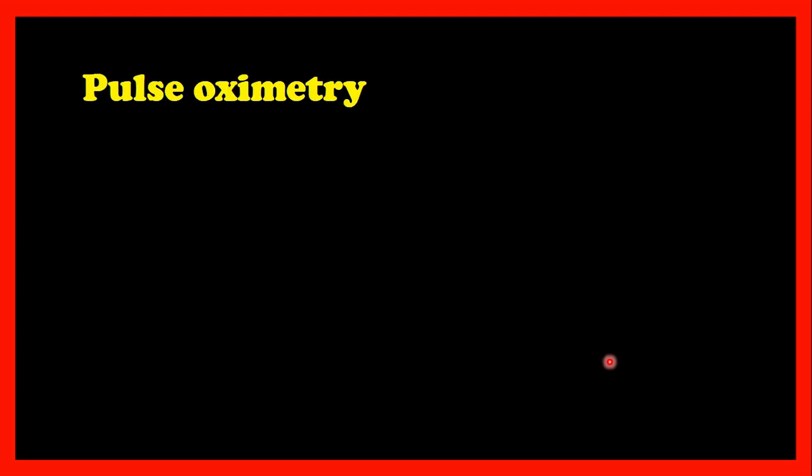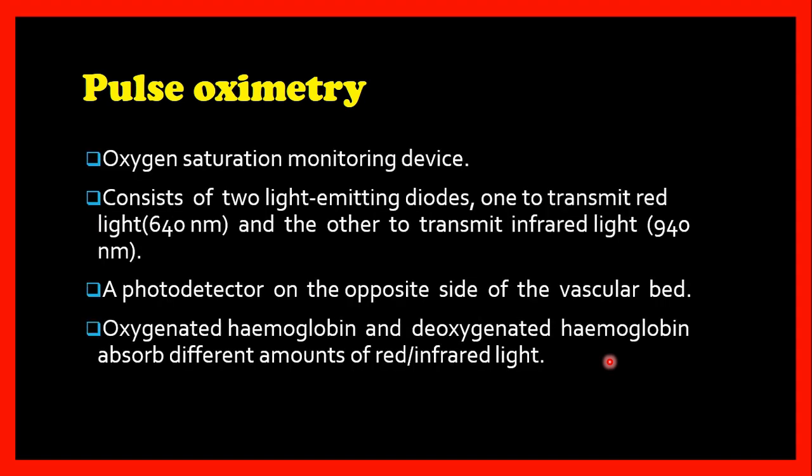Next is the Pulse Oximetry. It is an oxygen saturation monitoring device. It consists of two light-emitting diodes, one to transmit red light and the other to transmit infrared light.